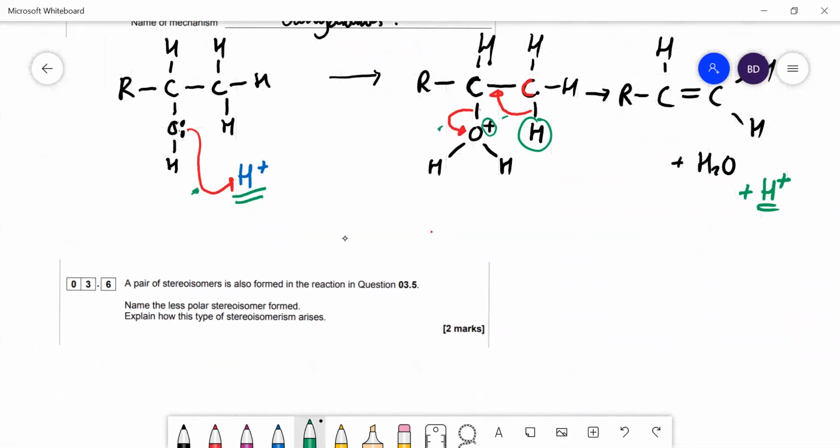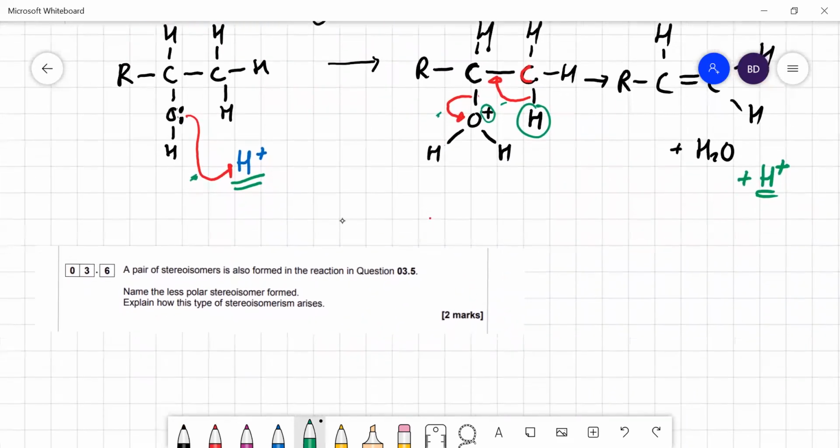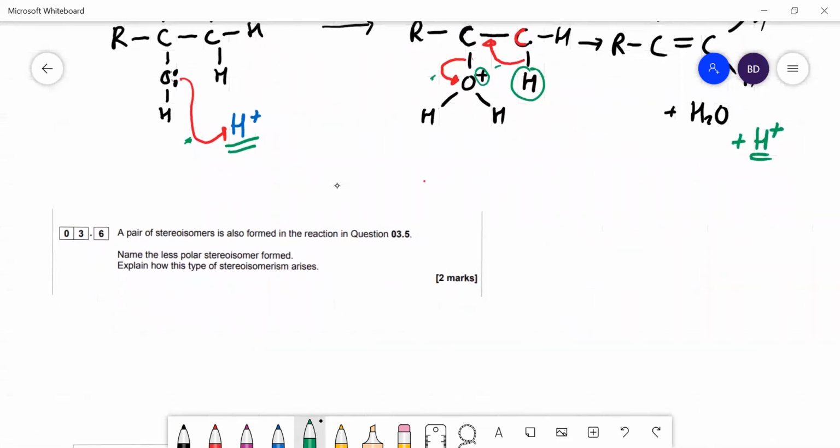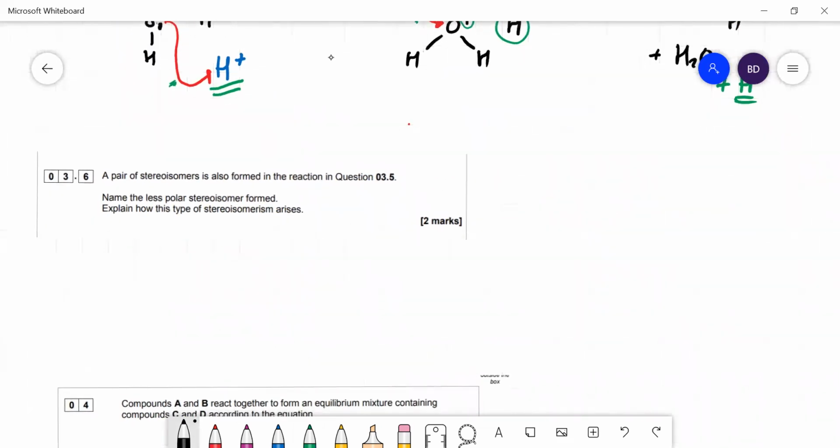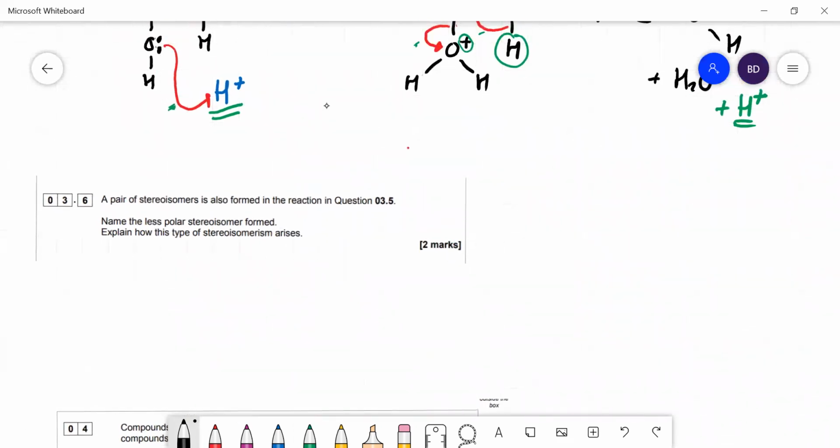3.6. Okay, a pair of stereoisomers is also formed in the reaction in 3.5. Right, so let's see. What we had here is pentanol, so I'll just draw that out. With the oxygen, there's the OH.